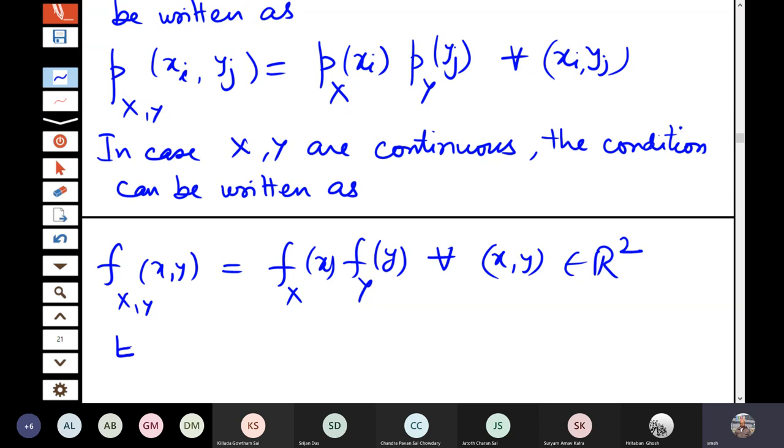Let me give you one or two very simple examples.